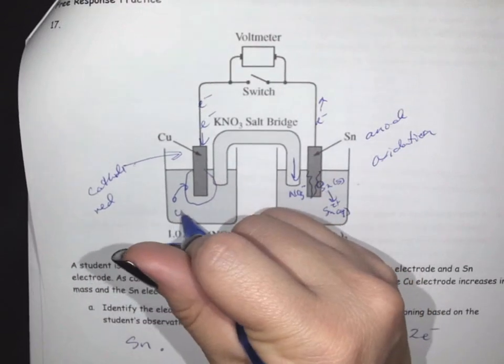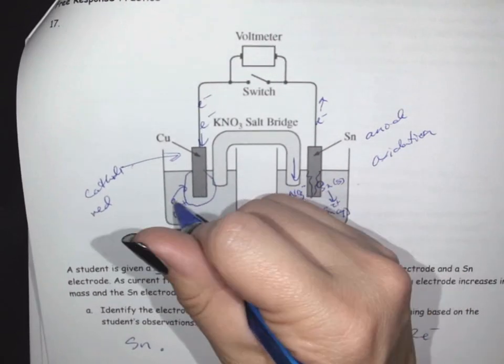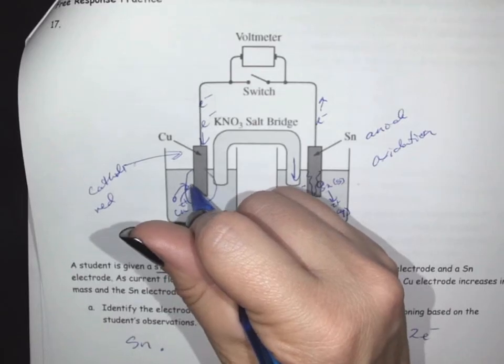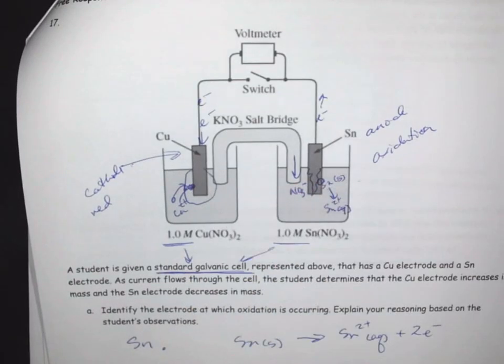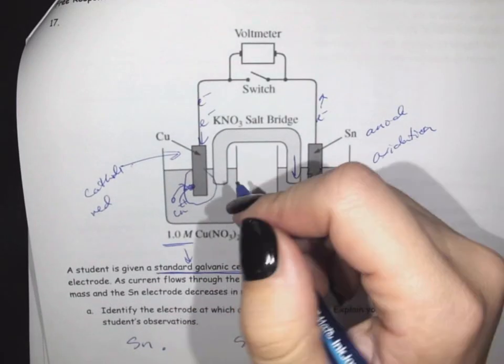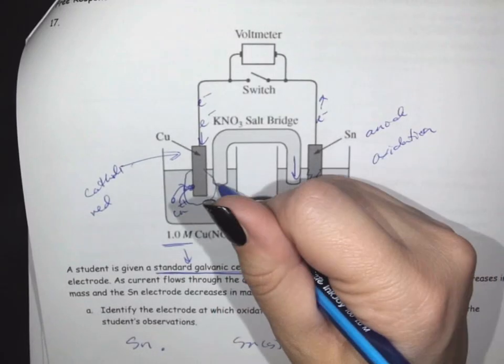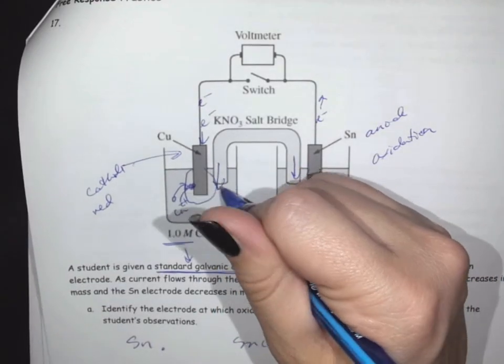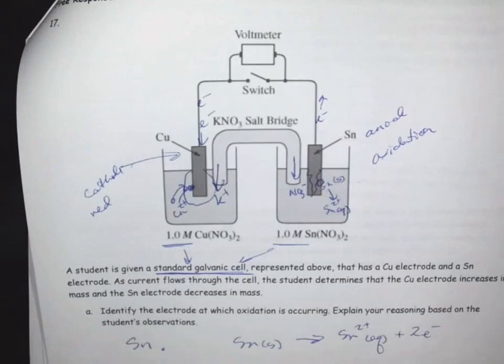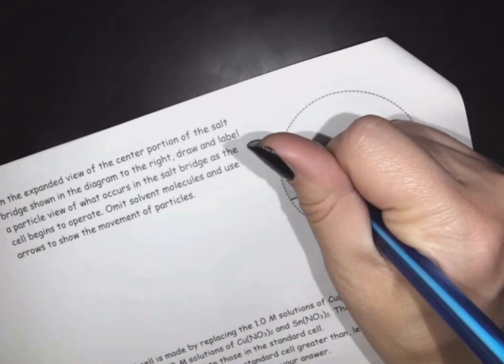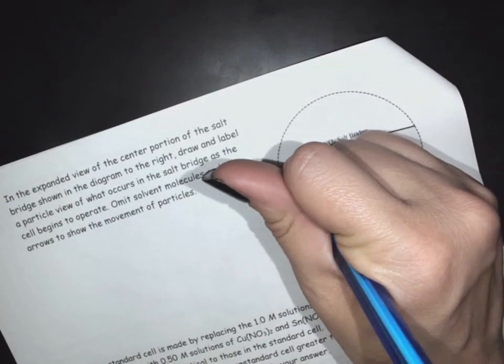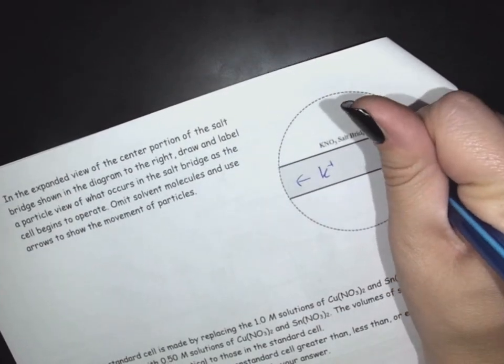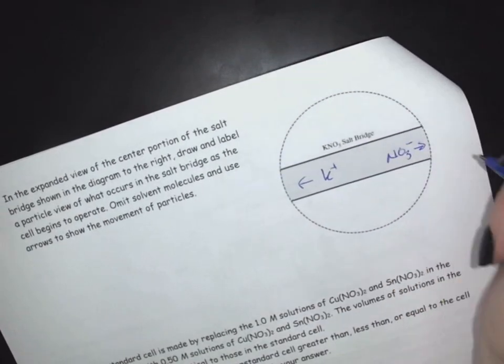Now similarly, these copper 2 plus are what are being gained and added onto here. So we're losing cations, we're losing positives, so we need to add more positives in with the K plus. And so that's what we need to show, these guys headed to the cathode and these guys headed to the anode.